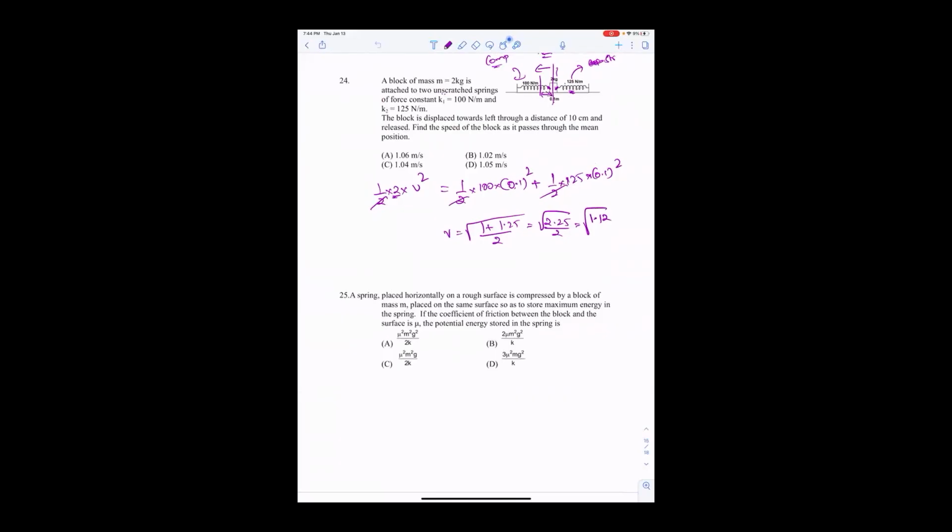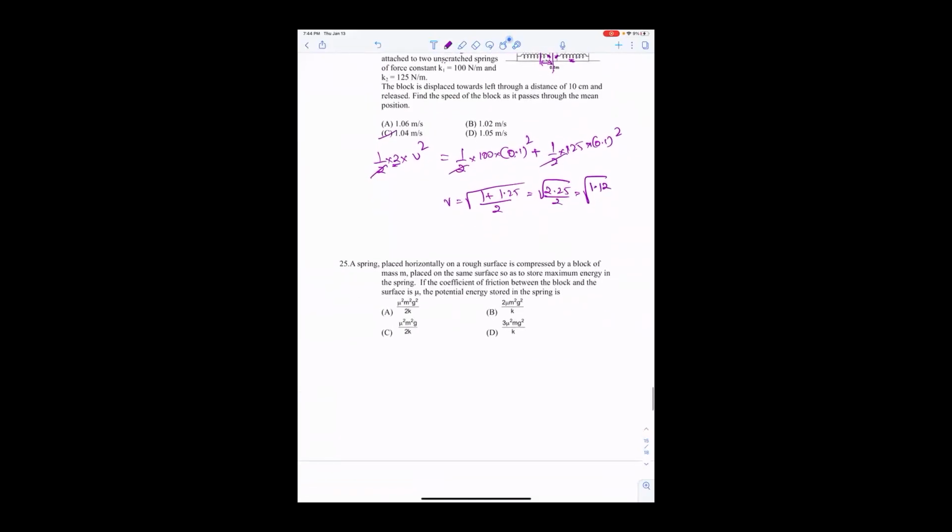I guess 4 4s are 16 should be something like this, no? Let's square it. So 1.04 squared is 1.16. That is near to this.